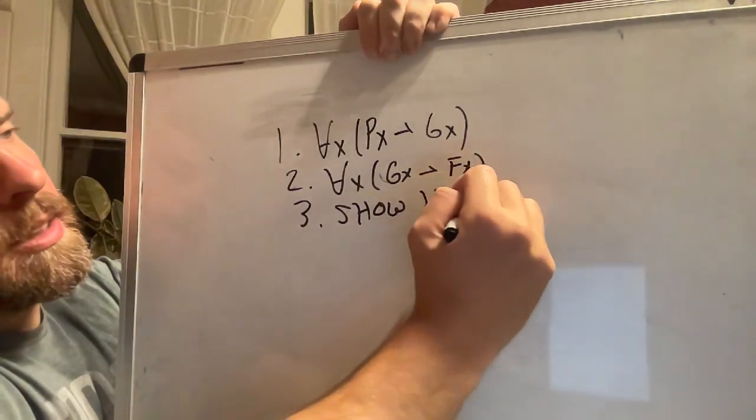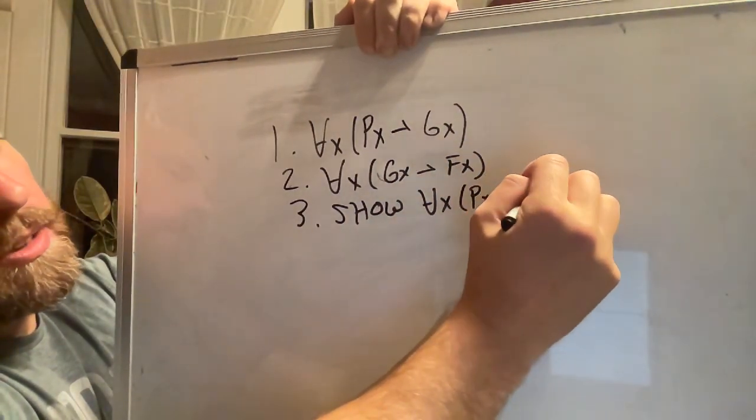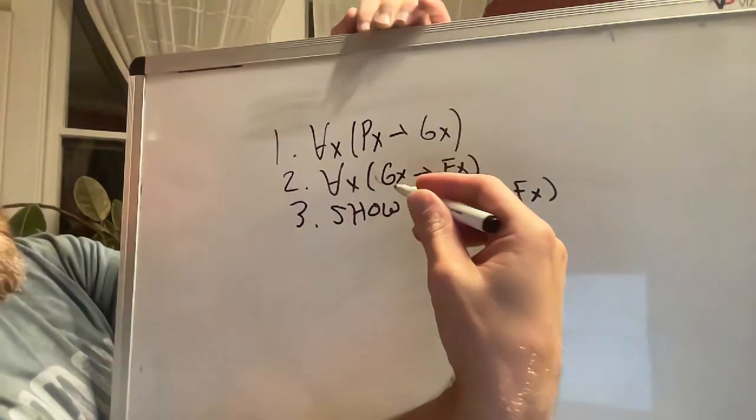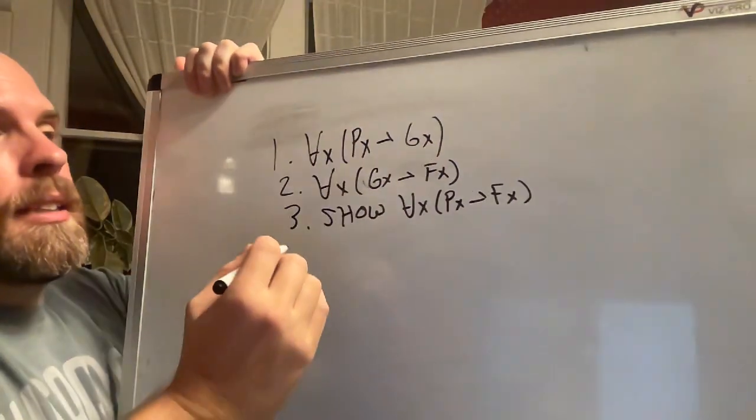That for all x, if Px, then Fx. This is just transitivity. So for everything, if it's Px, then it's Gx. If it's Gx, then it's Fx. It better be the case that if it's Px, then it's Fx.